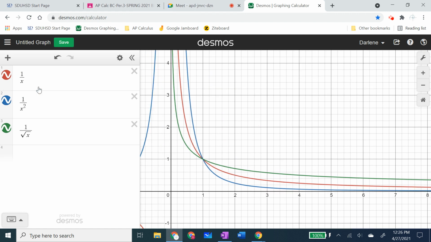One over x, as x heads to infinity, that's that harmonic series that we know diverges. 1 over x has perfect symmetry within quadrant 1. So if you have to go looking at between 0 and 1, 1 over x would still be limit does not exist.